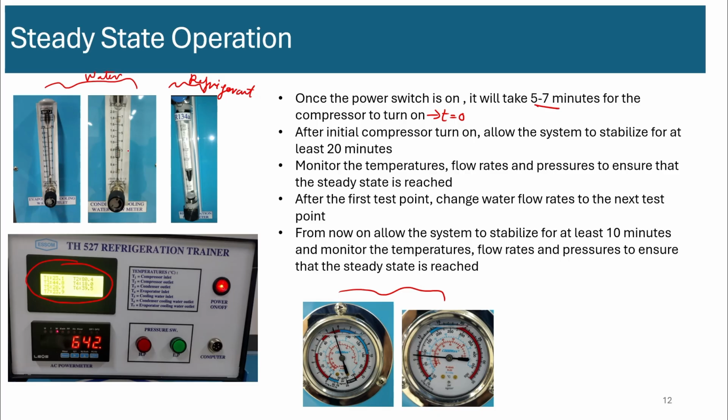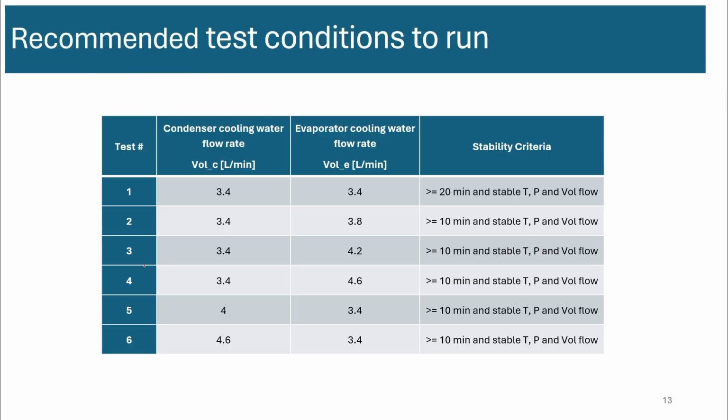And if they are fluctuating, you have to make sure more than 20 minutes has passed, probably, to ensure all the other parameters are stable. Now, it takes longer for the first test point to reach steady state. Afterwards, typically it takes less, maybe roughly around 10 minutes. So allow at least 10 minutes and monitor the temperatures and other parameters that I mentioned here to ensure that steady state is reached.